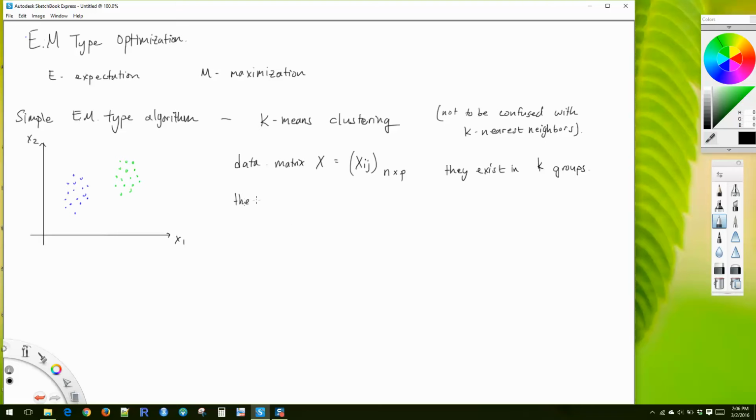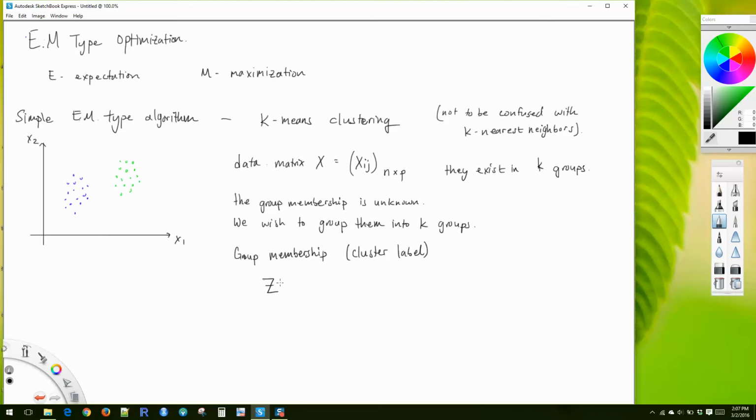We wish to group them into k groups. Group membership, or a cluster label, is given by Z. Z is a vector of cluster labels going from Z1, Z2, all the way up to Zn.